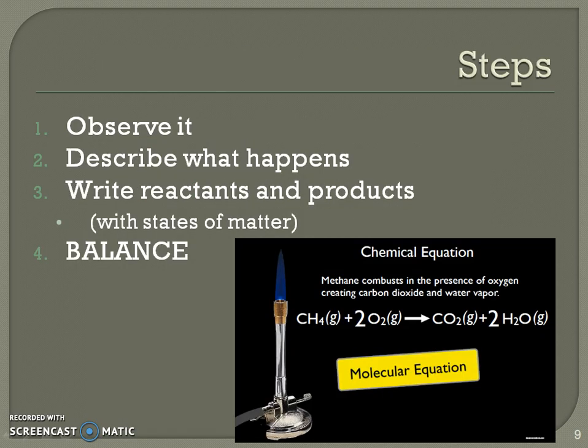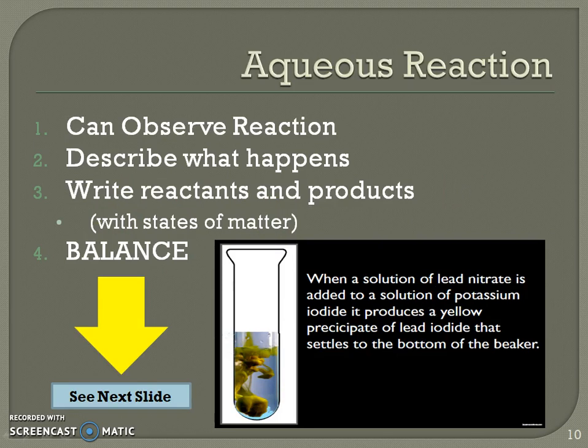So he talked about the 4 steps: observing something, describing what happens, writing those reactants and products, and the states of matter, which are going to be really important when we do the net ionic equation, and of course balance.